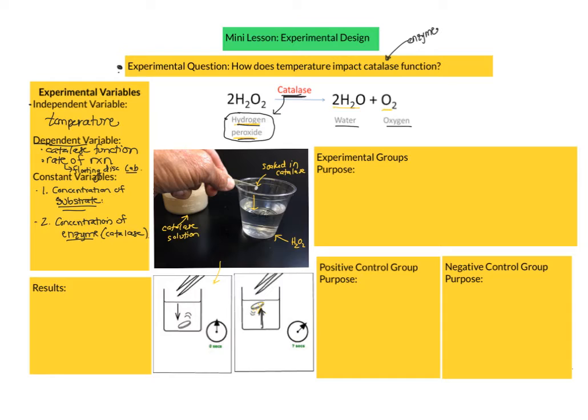Okay, so now that we have our variables, we can think about our experimental and our control groups. Now, our experimental groups right over here, these are going to be the main element of this experiment. The main element of this experiment is we're testing how different temperatures impact catalase function. And so in class, I mentioned that we could set up 3 experimental groups where we have 3 different temperature conditions.